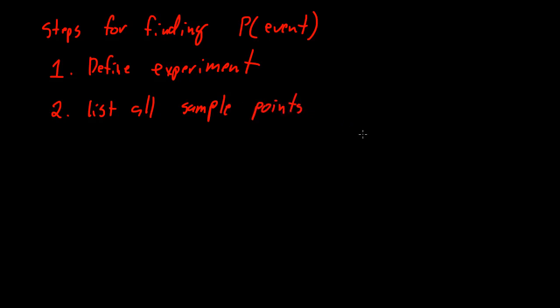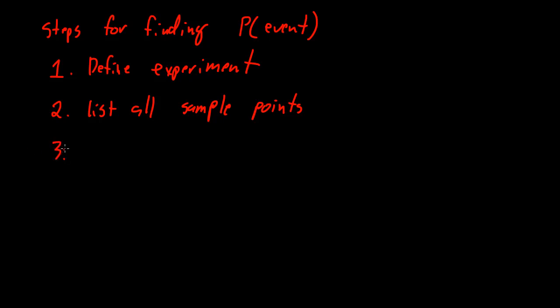For simpler experiments like coin flipping or maybe even the baseball game, listing all the sample points might be relatively easy to do. For more complicated experiments, you might just need to list ranges or kind of an explanation of what the possible outcomes from that experiment might look like.